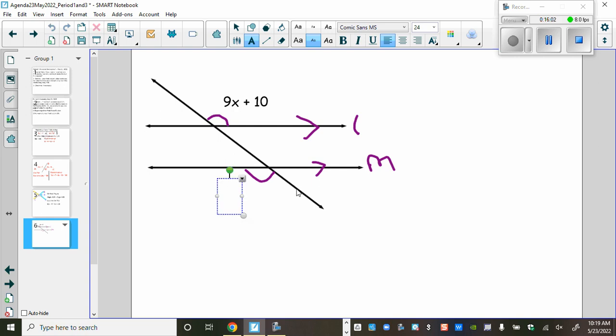And then I'll do 4x plus 70. Yeah, that should work.